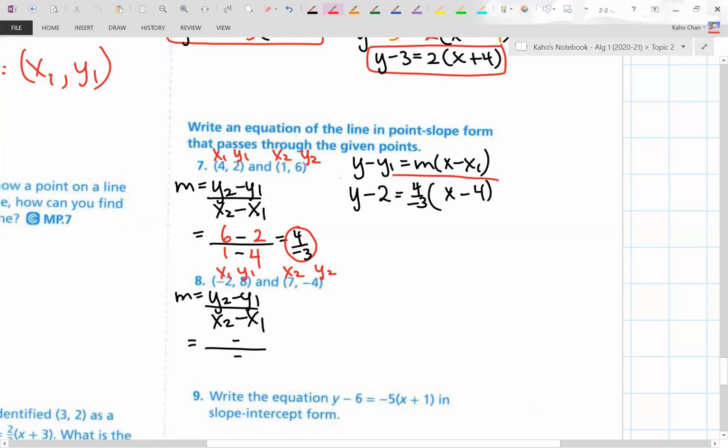There's my first answer for the first point. Or if you use the second point, this is what the answer will be. y minus 6 equals 4 over -3 times x minus 1.